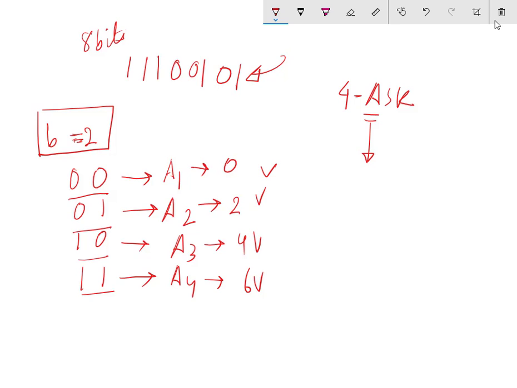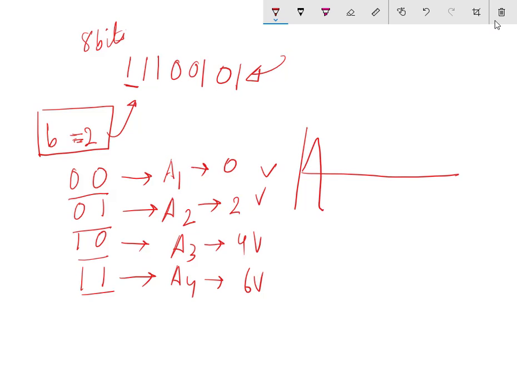So let's use this technique and modulate. Let's say this is our baseline. First one is 1 1, because we are inputting 2 bits at a time. 1 1 means 6 volts. This is a very high amplitude level.